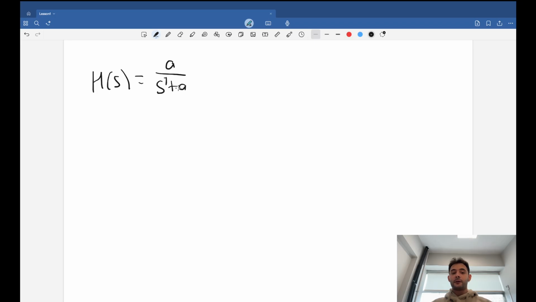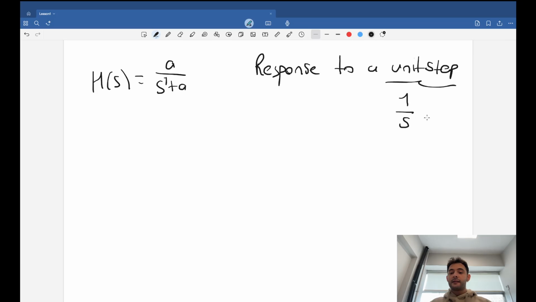And usually for first order transfer functions, in questions or exams, you get asked to find the response to a unit step. And unit step is 1 over s in the s domain.